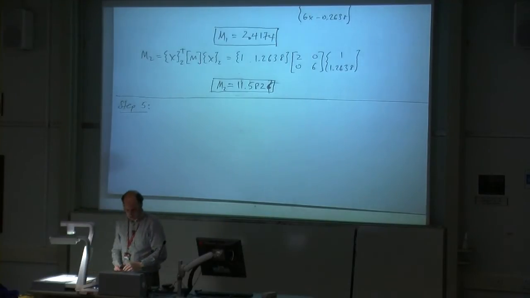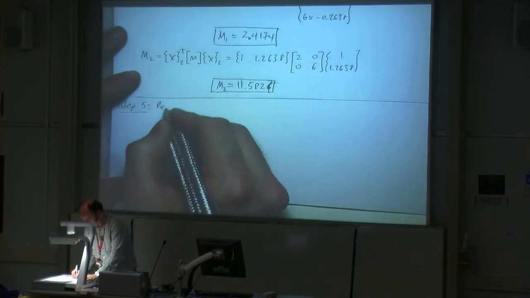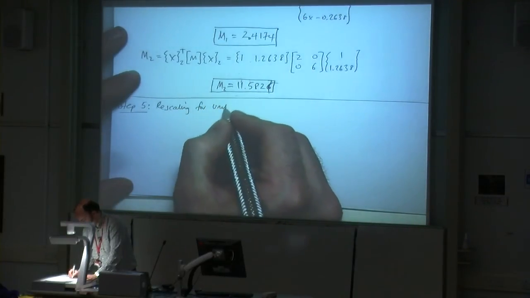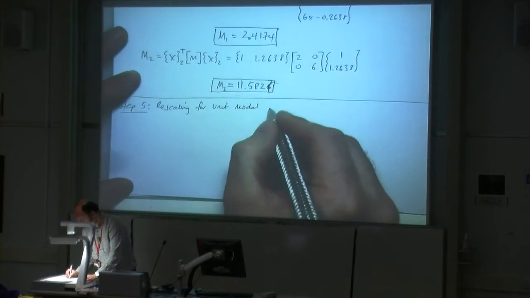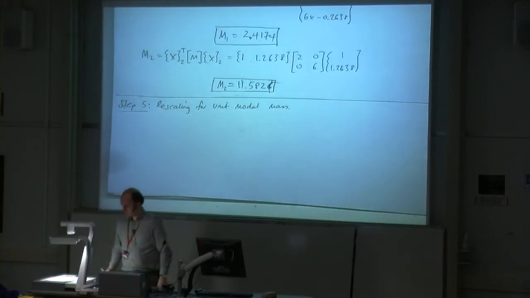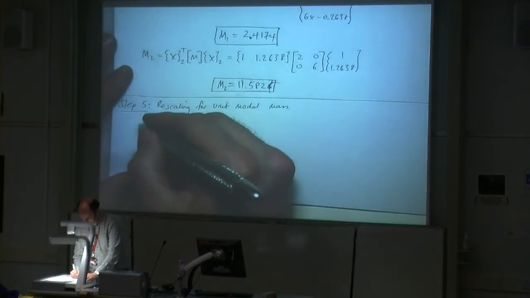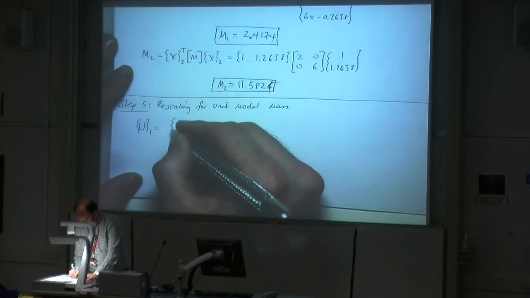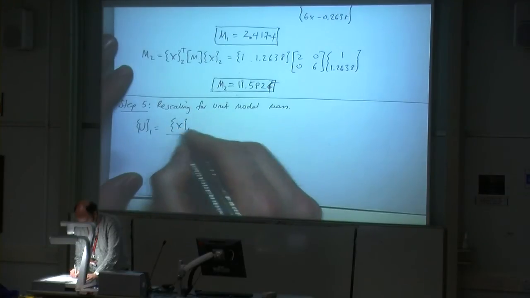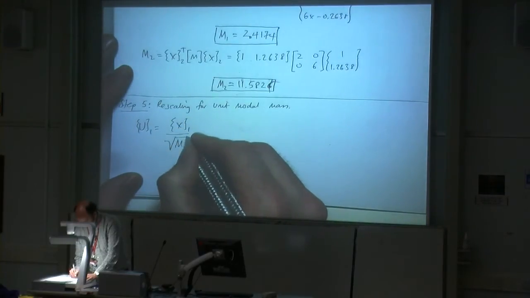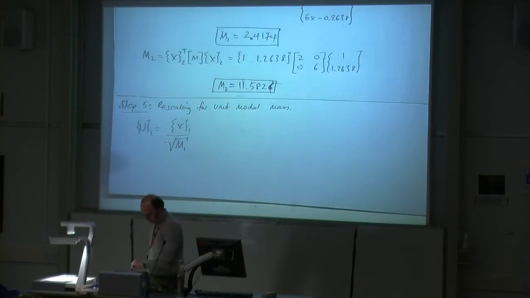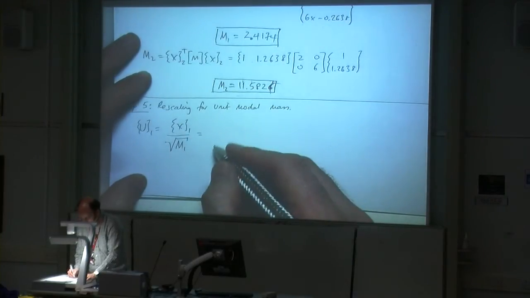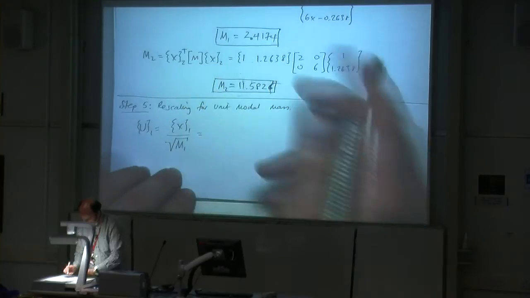So step 5 is rescaling for unit modal mass. And the equations for that, we've got u1. We take x1 and we divide each term by root 2.4174.